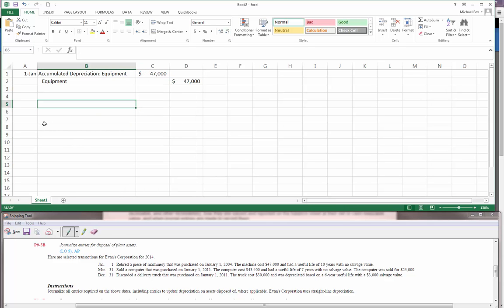So there's our first entry, and that entry again is to get rid of that asset and its accumulated depreciation account. And since it was fully depreciated, that was pretty easy.